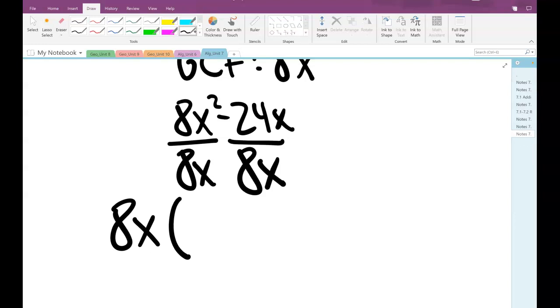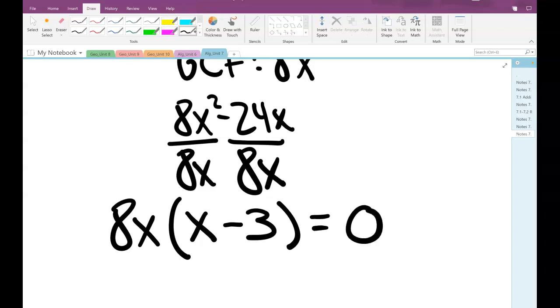I divide 8 by 8, that gives me 1. I take x squared divided by x. I'm left with just 1x. And then I take -24x divided by 8x. That would give me -3. And then we still have this equal to 0 on the end.